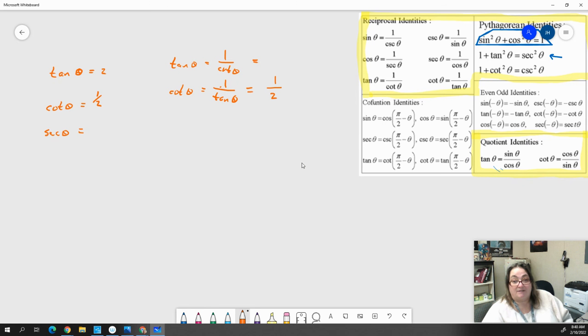What about secant? Well, again, we're going to have to use that Pythagorean identity, right? We've got 1 plus tangent squared of theta equals secant squared theta. But what do we know? We know that tangent is just 2. So that's saying 1 plus 2 squared equals secant squared of theta.